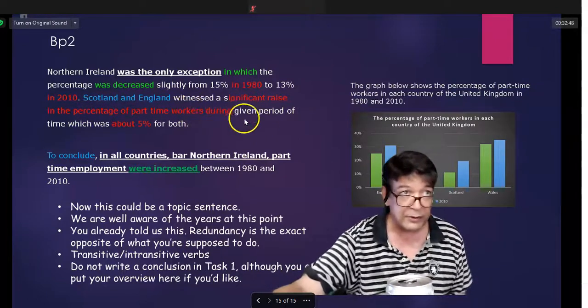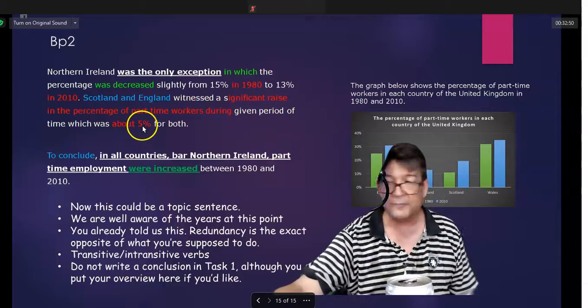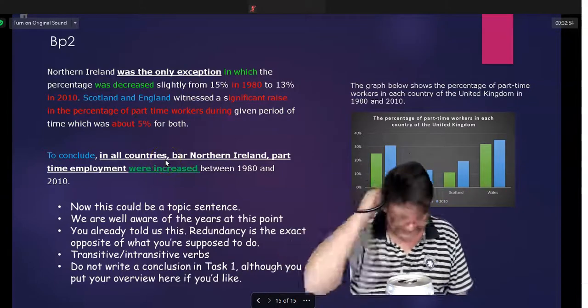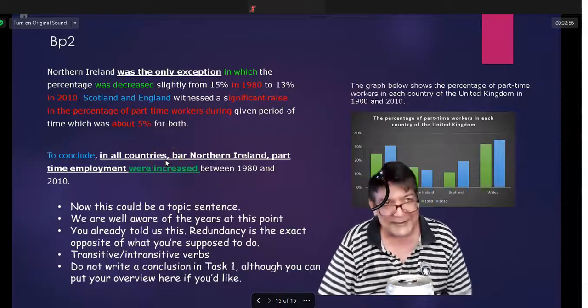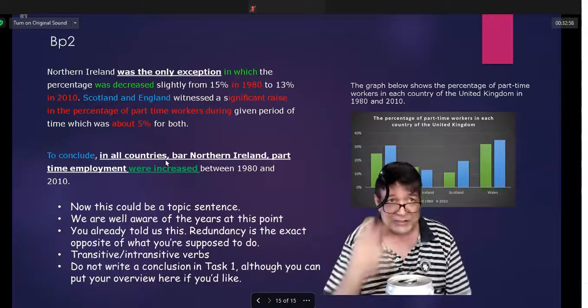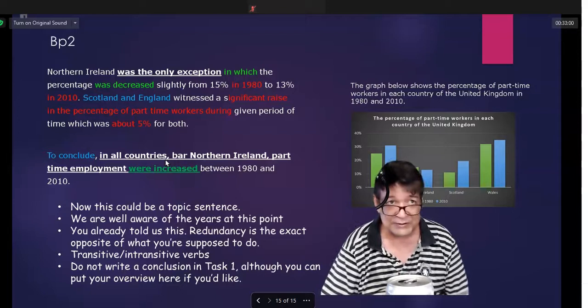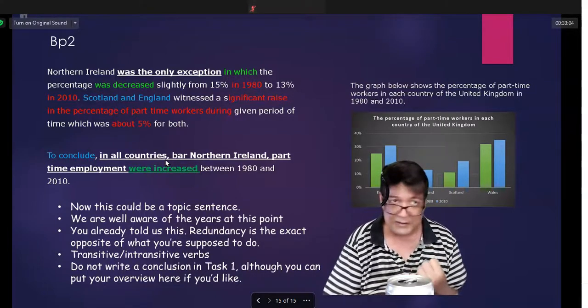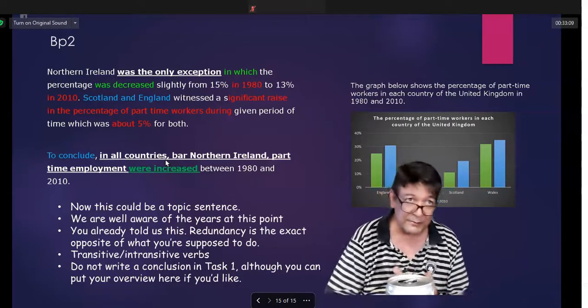Oh, right, okay. During the given period of time, which was about 5%. Wait a minute, it was 6% in the last paragraph. And do you see how that's repeating yourself? You only state 4 things in the 2 paragraphs. One of them tells us about a minor difference that we don't need to report. 2 of them are the same, and 1 of them was good.